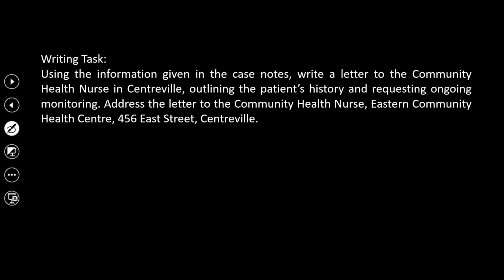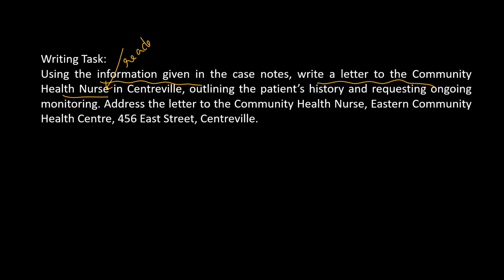Now this is an example of a writing task where the purpose is not really clear. It says, using the information given in the case notes, write a letter to the community health nurse. So we know who the reader is, in Centerville, outlining the patient's history, and requesting ongoing monitoring.